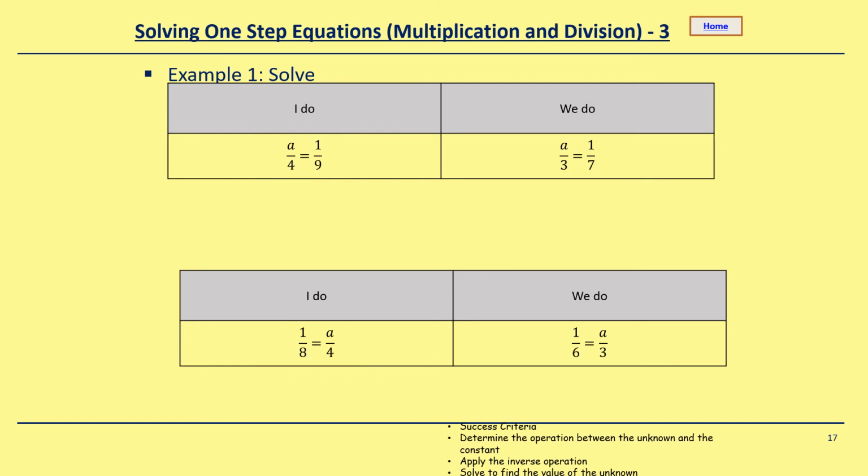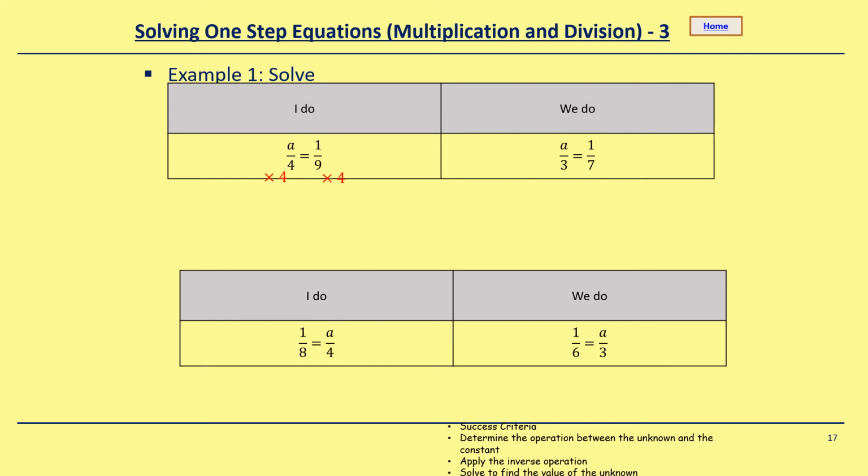This one here, we've got fractions on both left hand side and right hand side. So it looks a little bit more complicated, but just look at the A, the unknown. The unknown is being divided by 4, that's all. So the opposite of divide by 4, the inverse, is multiply by 4.